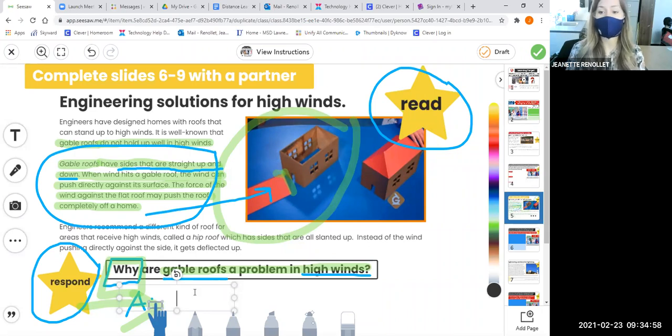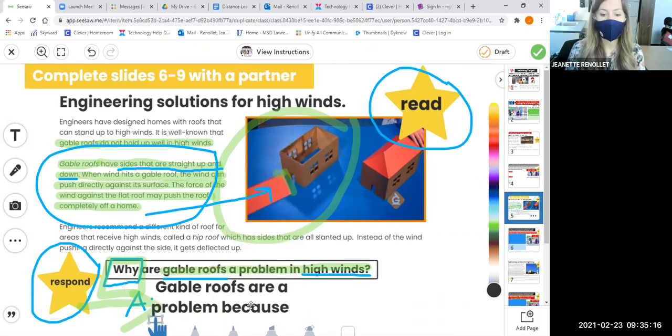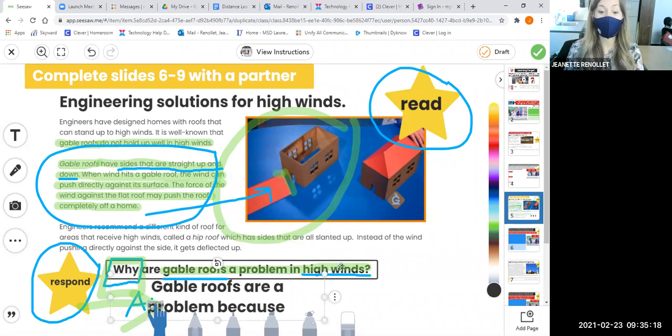I really appreciate Landon and Ashley sharing out their example. Let's do one together. Gable roofs are a problem because, notice how I am using the words from the question.